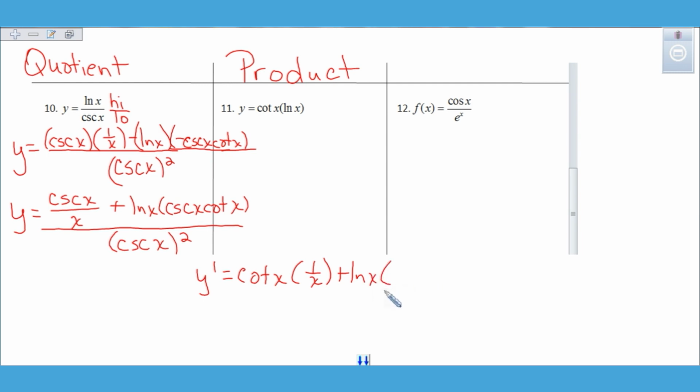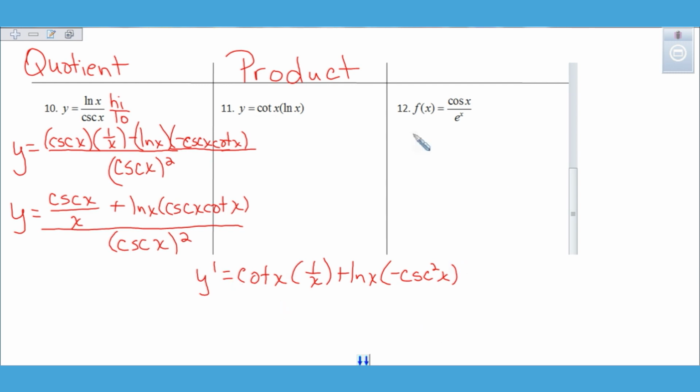And this is where you've got to know that the derivative of cotangent is negative cosecant squared. So you got to kind of study those and get those down. The way I remember that is I know tangent is secant squared, so cotangent is cosecant squared, but it starts with a C, so it's negative. And that's my answer. I'm leaving it.